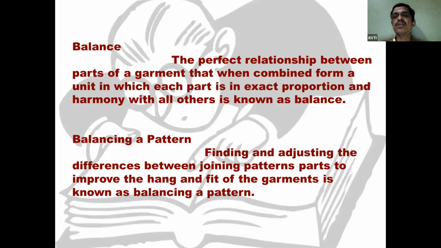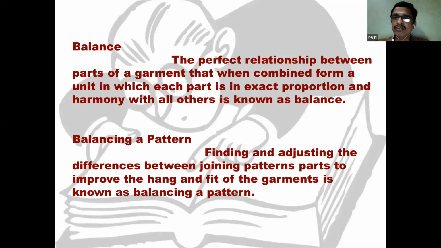And after drawing this, after cutting the pattern, we have to check whether it has the balance or not. That checking method is known as balancing of a pattern. So finding and adjusting the difference between joining pattern parts to improve the hang and fit of garments is known as balancing a pattern. For example, I just prepared the front pattern and back pattern, say of a shirt or some ladies tops.